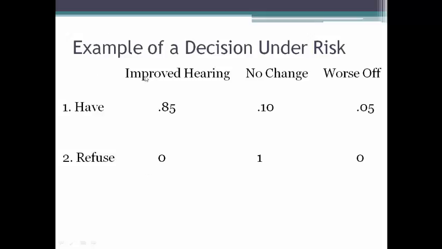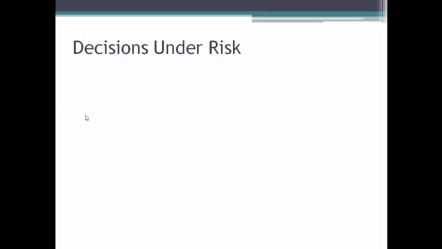So what this models for us is the probabilities. We now have a look at what's the probability of each outcome if you go ahead and have the surgery, and what's the probability of each outcome if you refuse the surgery. So we've got probabilities here, but what do we want to say about utilities?